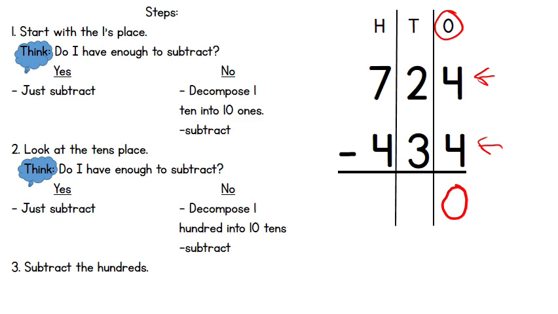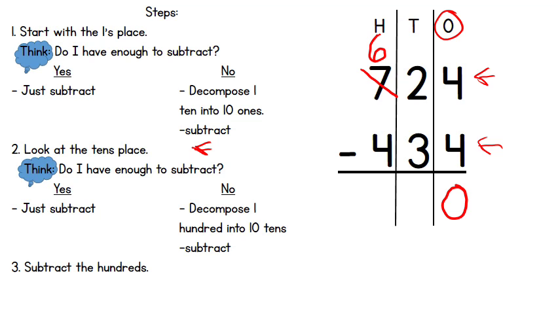My next step is to look at the tens place and think, do I have enough to subtract? I have 2 on top and 3 on the floor. 3 is more than 2, so I have more on the floor. I'm going to have to go next door and get 10 more. I go to the hundreds place and I decompose 100. So if I decompose 100 from 700, I have 600.